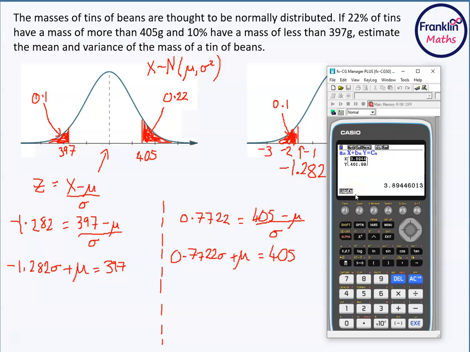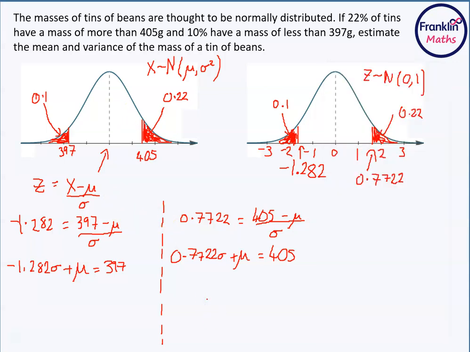It's sigma first, so sigma is equal to 3.89. Again, I'll take that as 2 significant figures, so I'll take that as 3.9. And we've got mu there at 401.99, and just for argument's sake, I'm going to take that as 402. So sigma is equal to 3.9 and mu is equal to 402, which is what we were expecting.